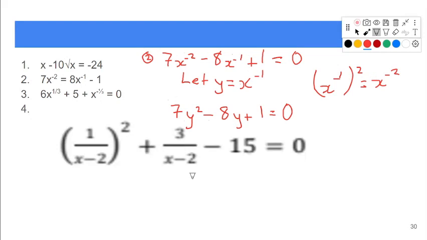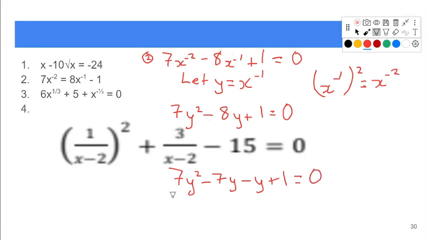So that would be negative 7 and negative 1. So let me just write this out. 7y squared minus 7y minus y plus 1 is equal to 0.